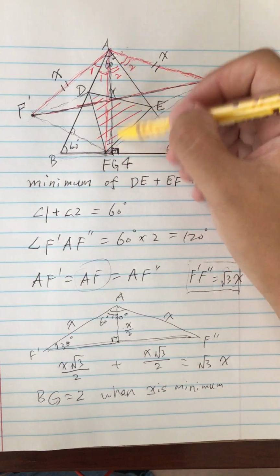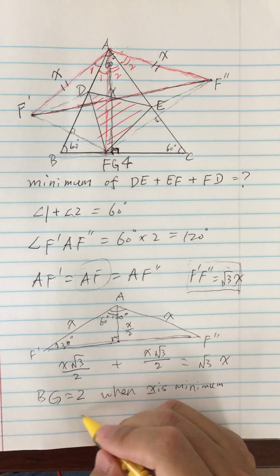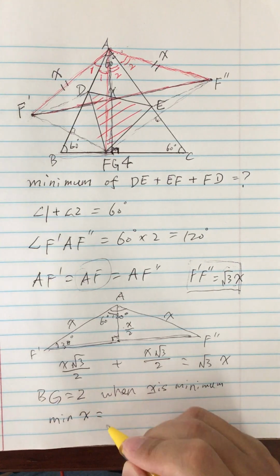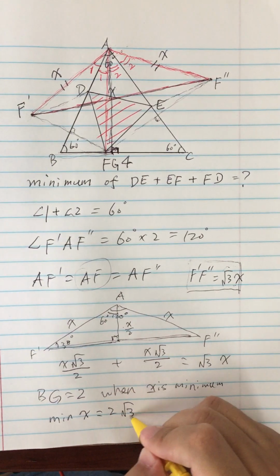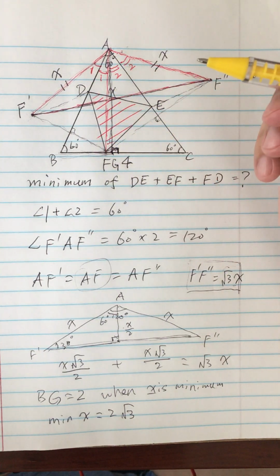And then x is going to be 2 times the square root of 3. So x min, the minimum of x, is going to equal 2 times square root of 3. So AG has a minimum of 2 times the square root of 3.